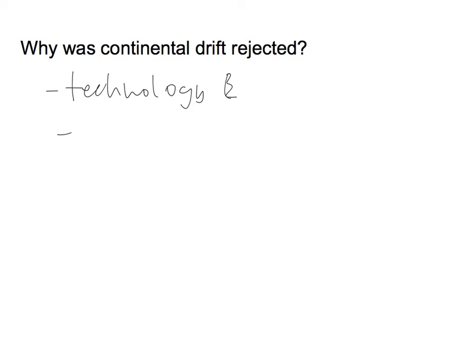There's a more fundamental issue, though. So, for a good theory, you need to be able to not only explain patterns in nature, but you have to have a reasonable mechanism for carrying that out. And Wegener basically had, the Earth is spinning.